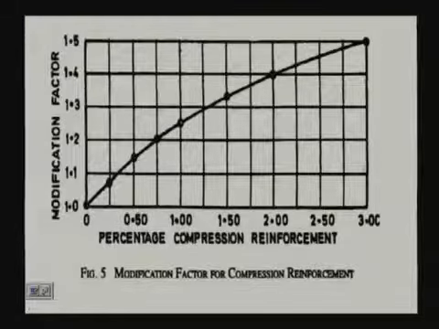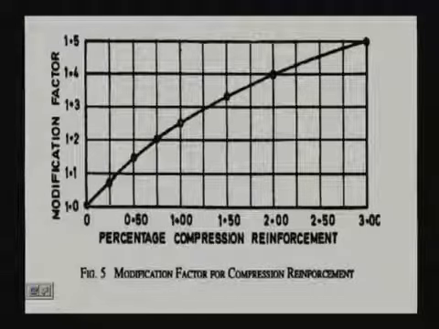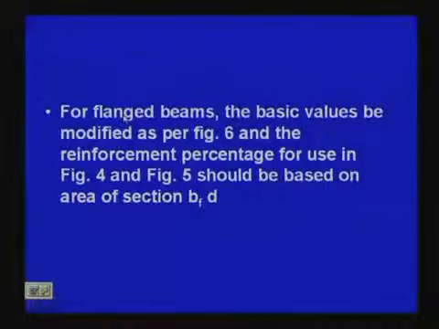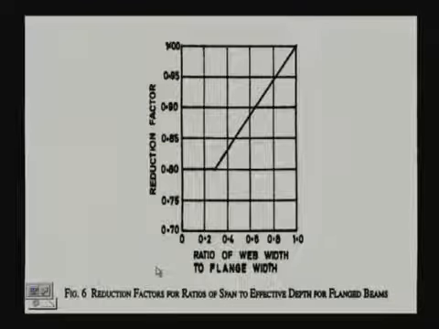So, our basic value will be modified on the basis of tension reinforcement and also compression reinforcement. Now, for flanged beams, the basic values are modified as per figure 6, and the reinforcement percentage for use in figure 4 and figure 5 should be based on the area of section BFD. Please note, this is BFD that we have to take, and this is figure 6.